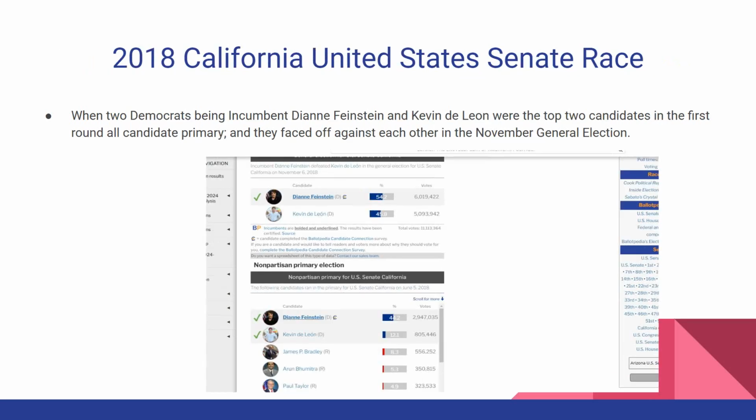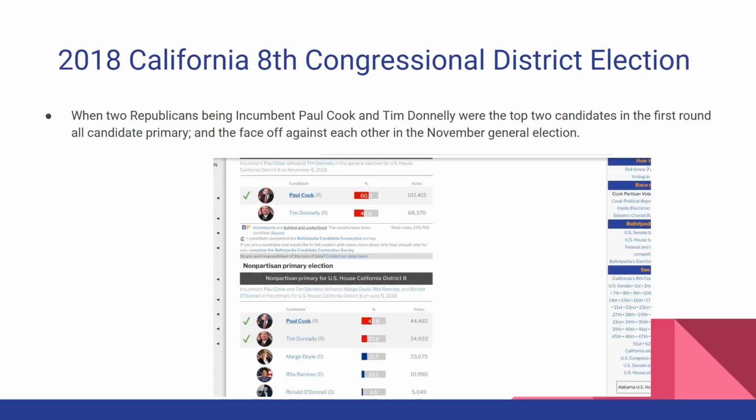And this is a positive effect, because the benefit of same party general elections in a safer Republican district is that it allows for more competition, and it gives moderates a chance to win re-election.